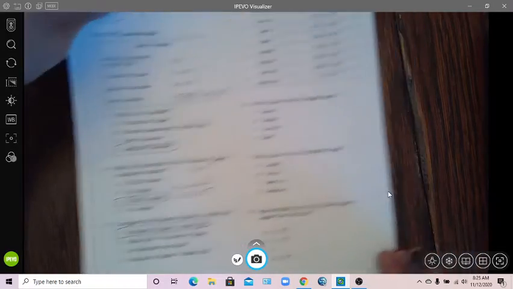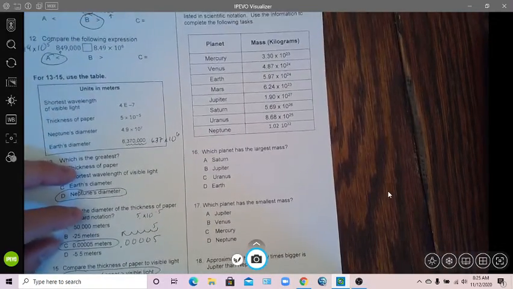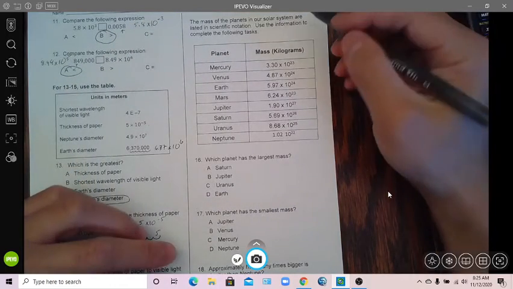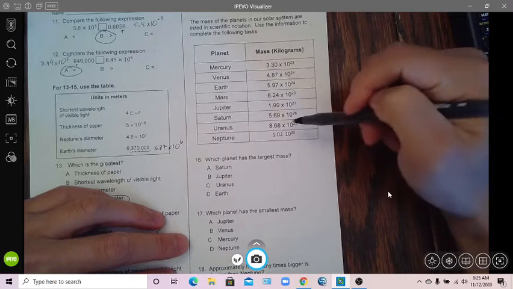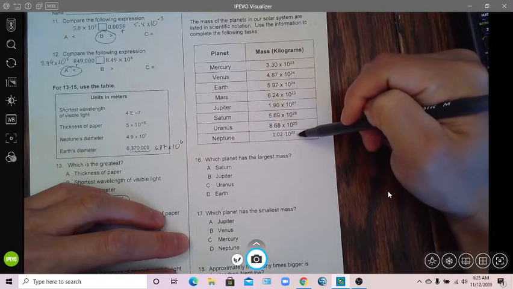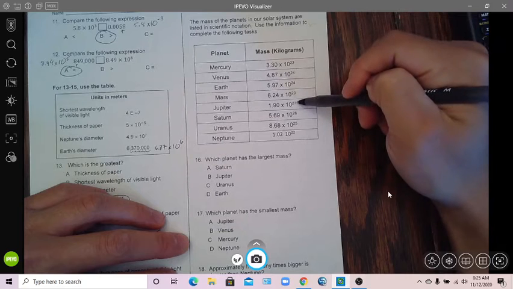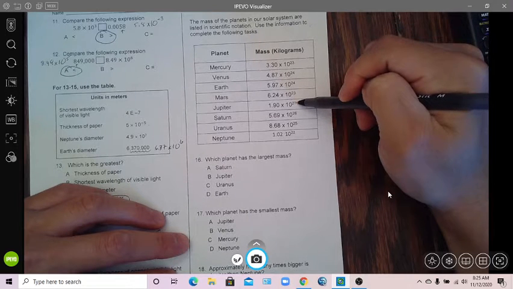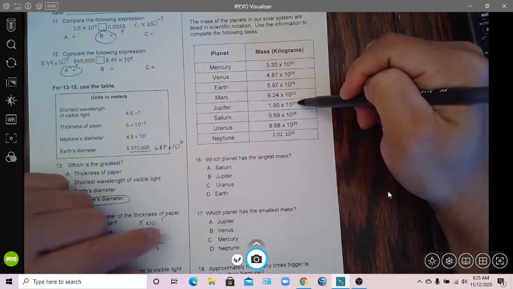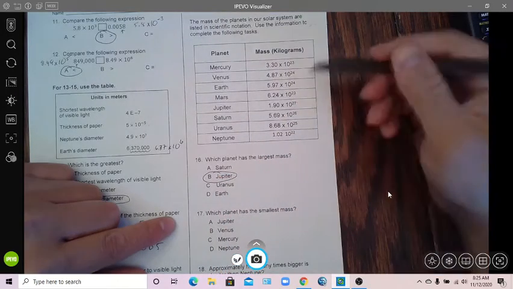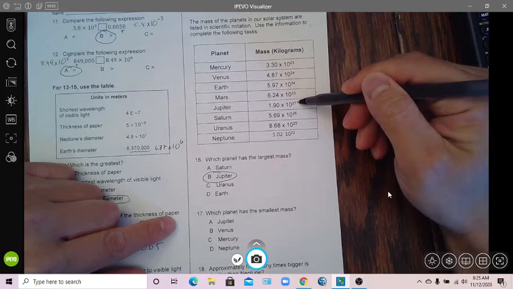All right, number 18. Which planet has the largest mass? Well, let's look here. It's all in scientific notation, so we just need to look for the biggest exponent. So the planet with the largest mass looks to be Jupiter, with an exponent of 27 in scientific notation. So Jupiter has the largest mass. Exponent is 27.